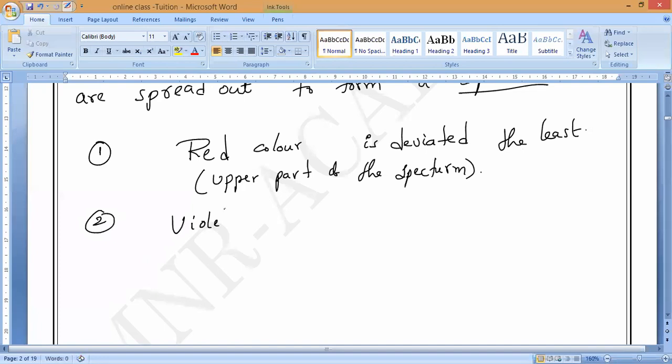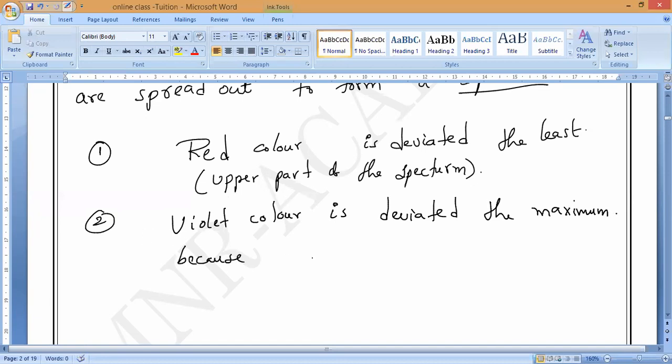And the second one, who is deviating? Violet color. Violet color is deviated maximum. What is the reason?